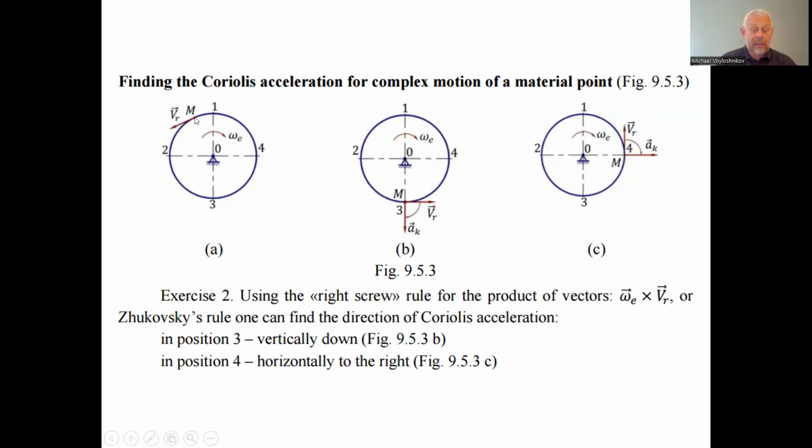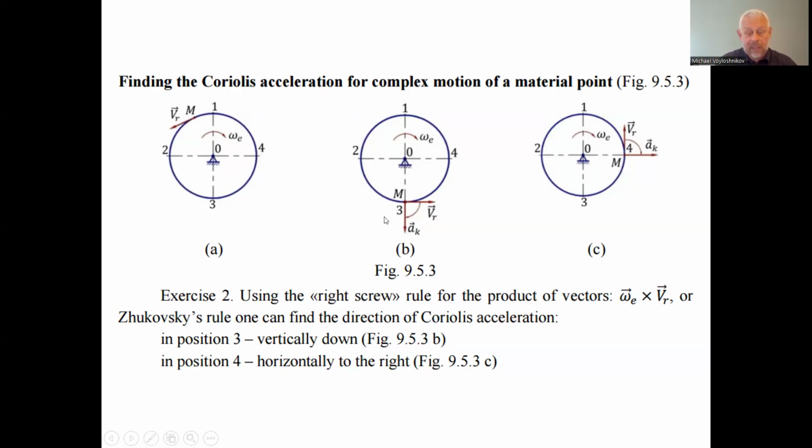The reference point coincides with the definite point, and the direction of the axis coincides with the direction of the velocity of the point. So what is the direction of the Coriolis acceleration in any position?